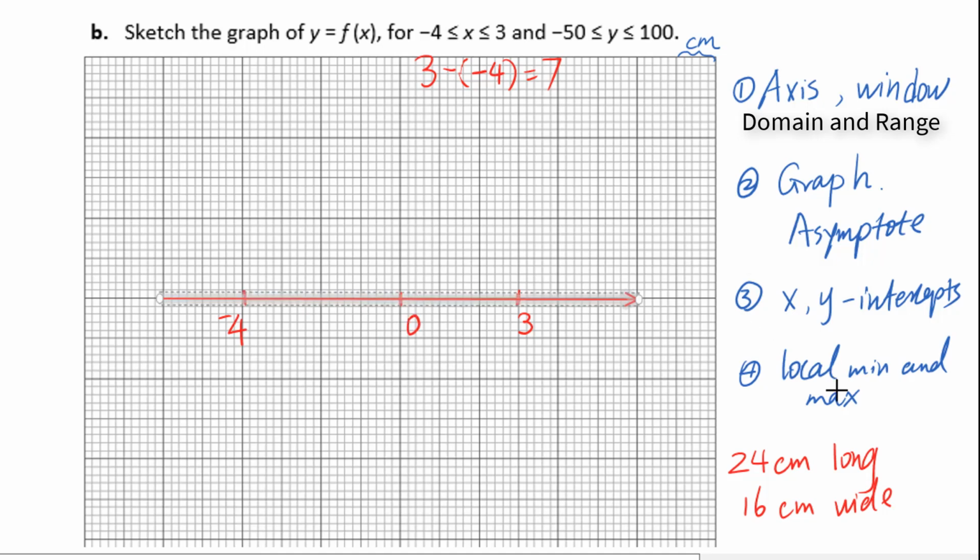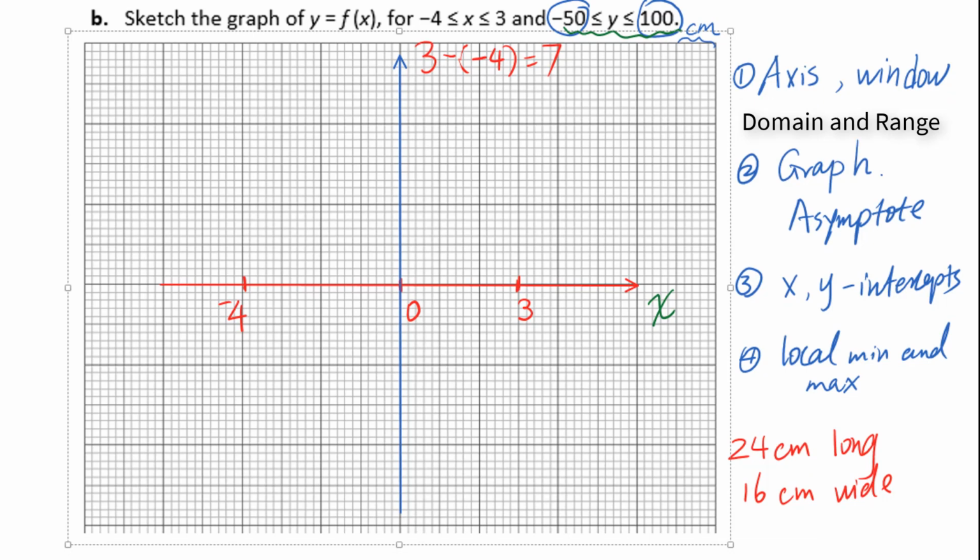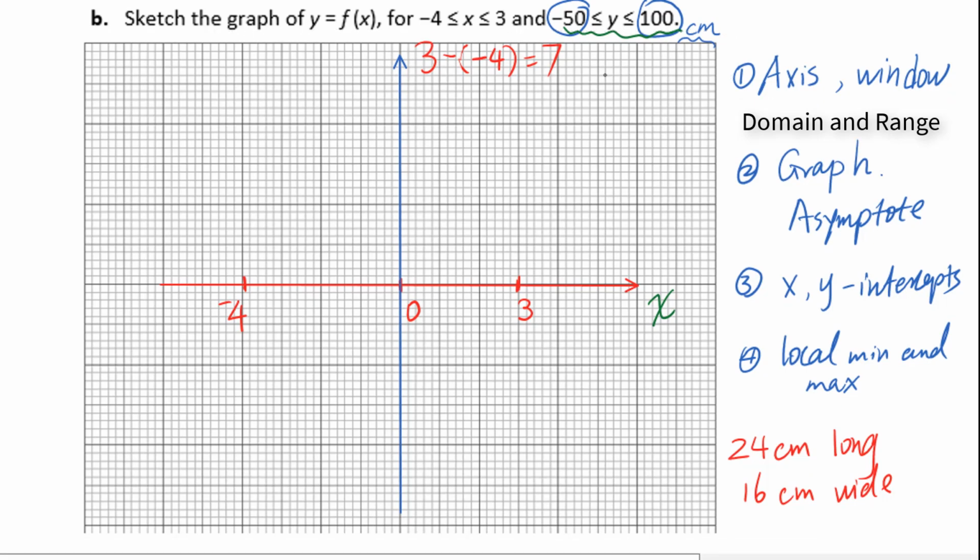Then use a ruler to draw this x-axis. Remember, label the x-axis. Then you will draw the y-axis here. After you draw this y-axis, let's calculate the scale, because the scale is not given. 100 minus -50, you will get 150.